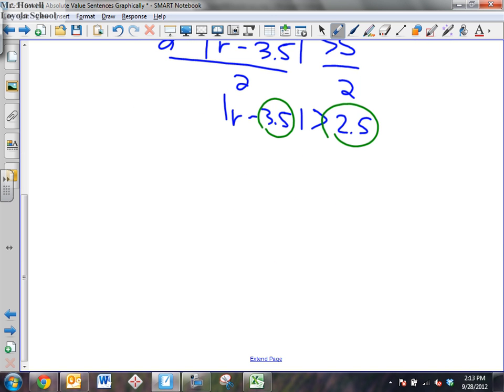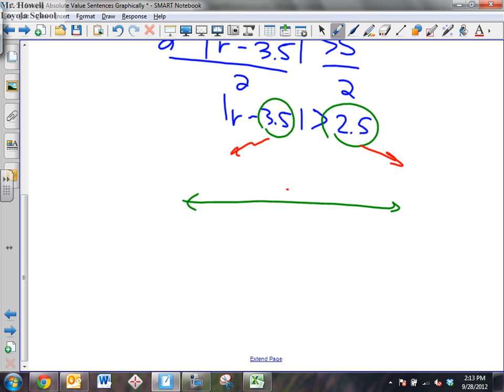So graphically speaking, who wants to come up and show me what this answer would look like? Start with what we start with. This is called the deviation.